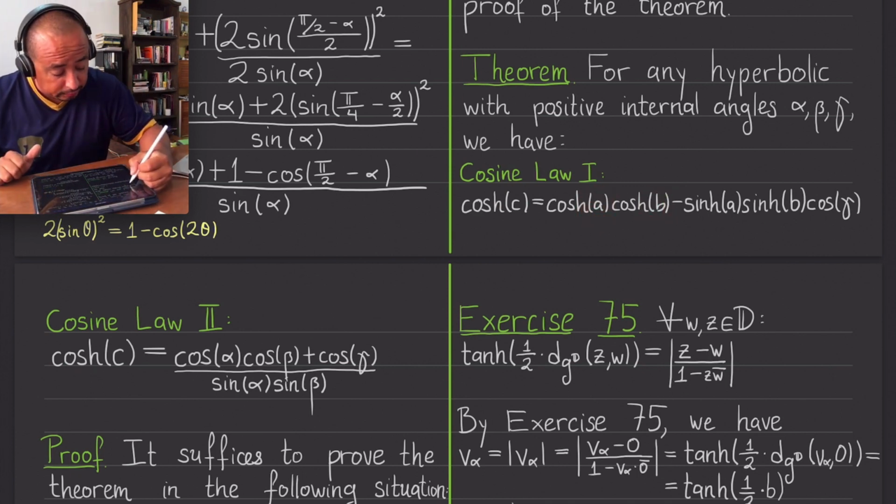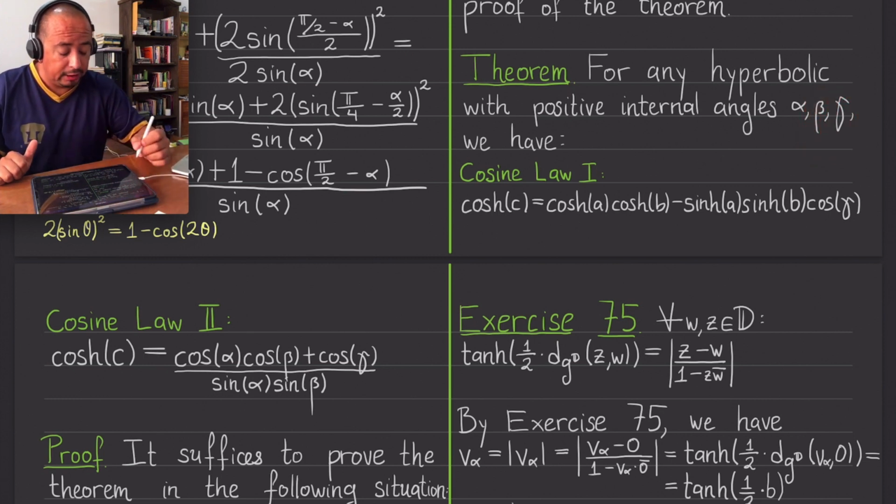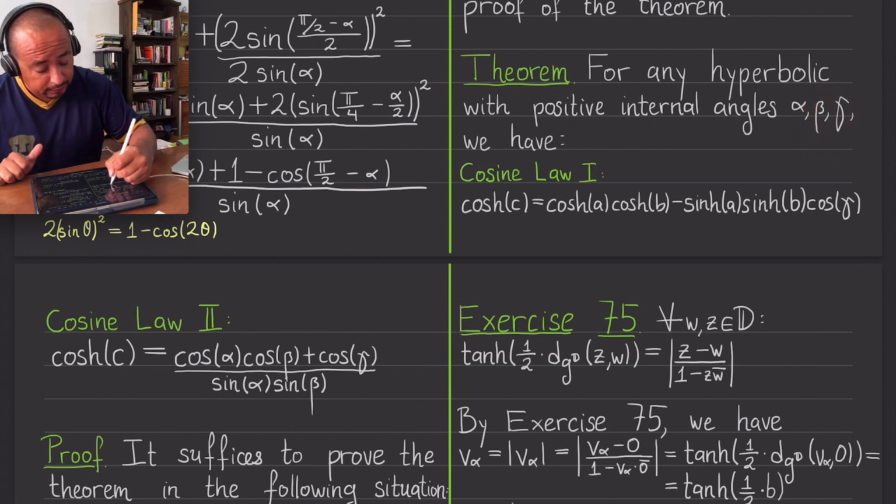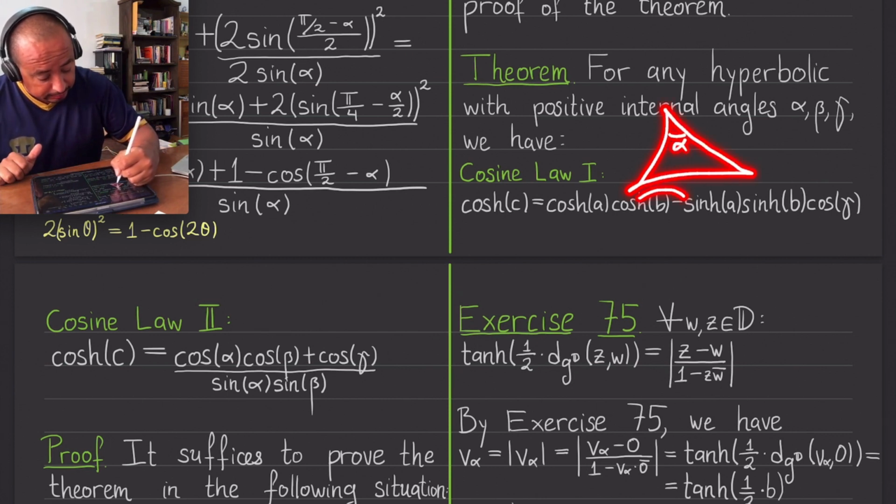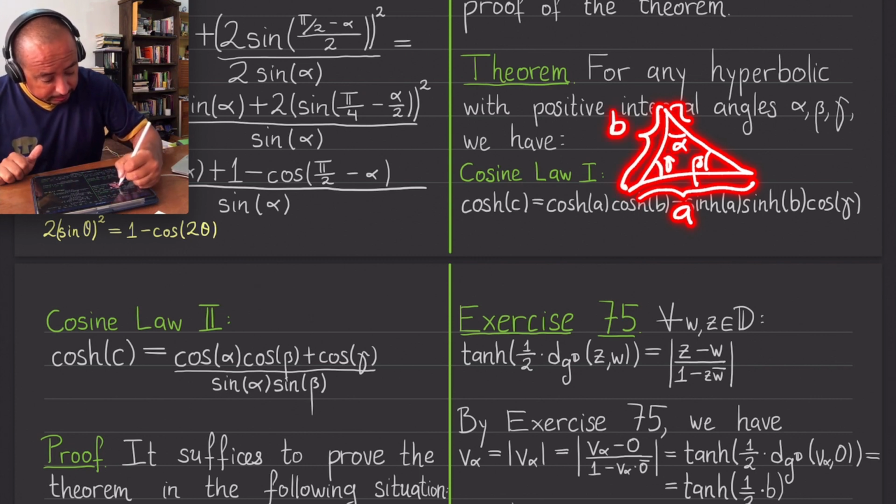So A is the length of the side opposite to alpha, B is opposite to beta, and same for gamma. If this is alpha, then this hyperbolic length is A. If this one is beta, then this hyperbolic length is B, and if this one is gamma, then this hyperbolic length is C.